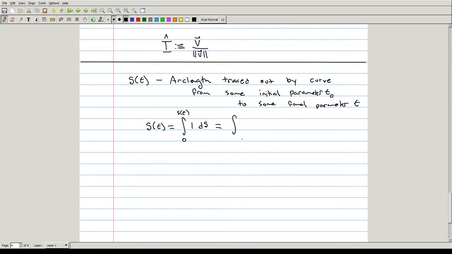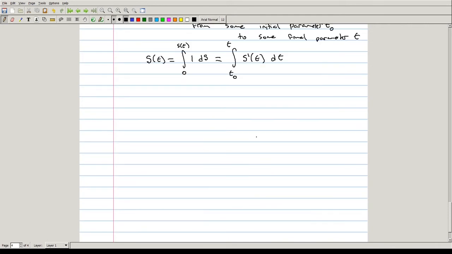And if we convert this integral into the parameter value, this is the same thing as the integral from t naught to t of s prime of t dt, where s prime of t is exactly the rate of change of arc length along the curve at any given point t. So the idea is that if we can evaluate this integral, we can compute the arc length.